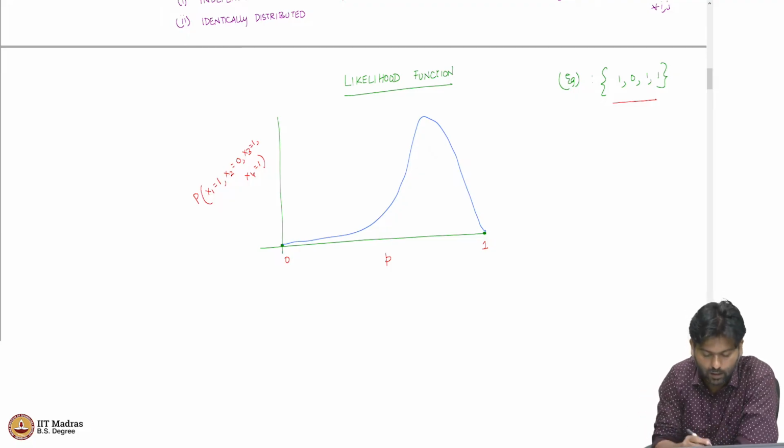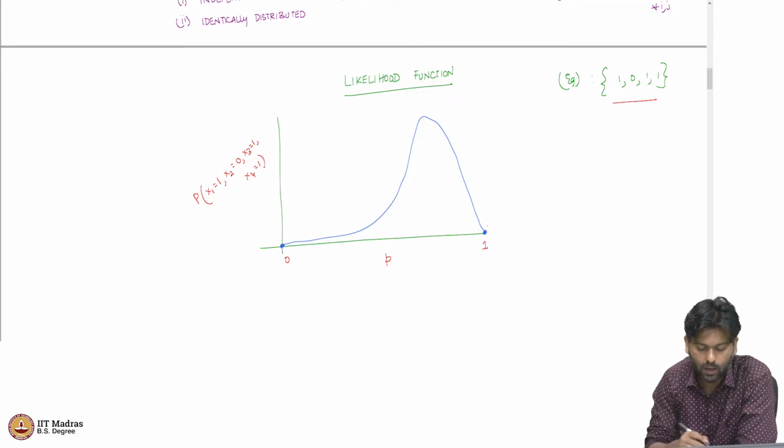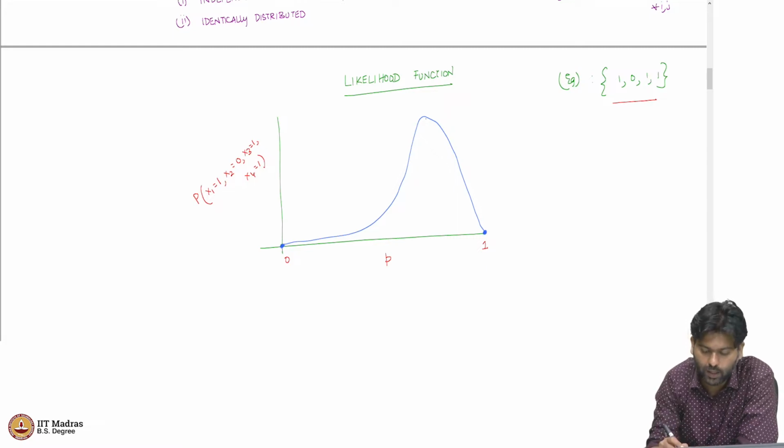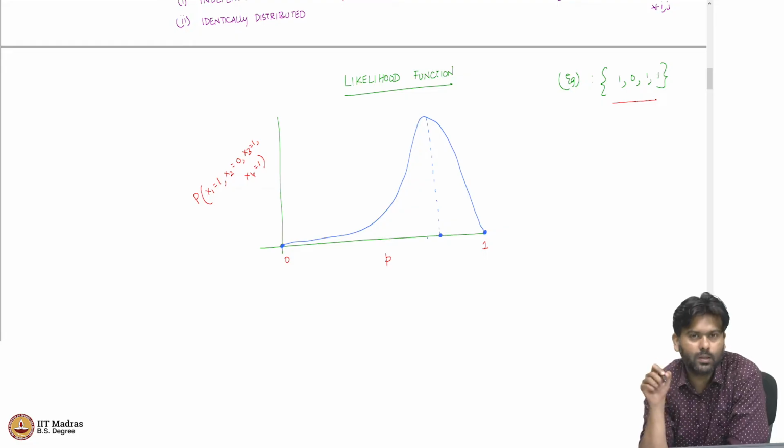Basically, we know that at p equals 0, there is no chance that I could have generated 1011. So the probability that I see the data is 0. At p equals 1 also it is 0. For the remaining values, we can calculate these probabilities and plot them, and I get something of this form. Now I can see where this curve peaks.